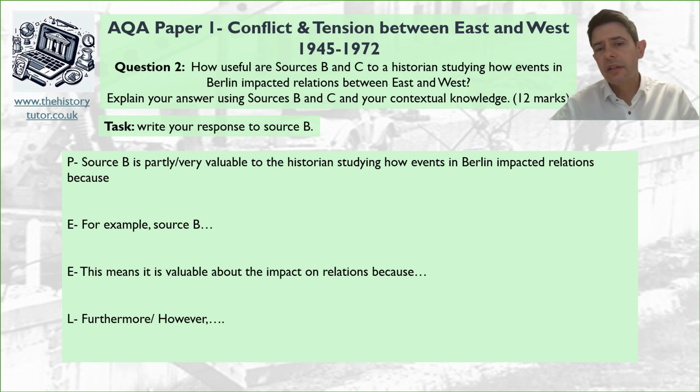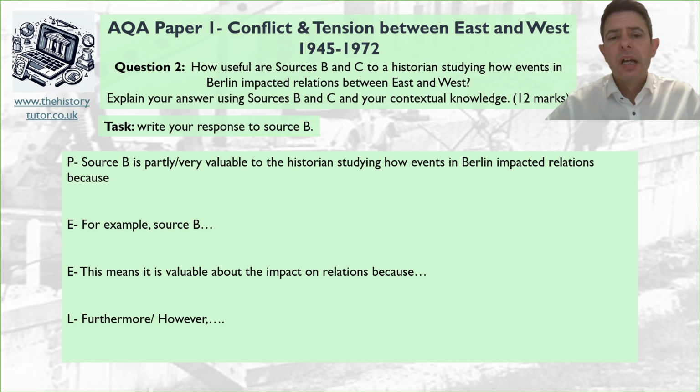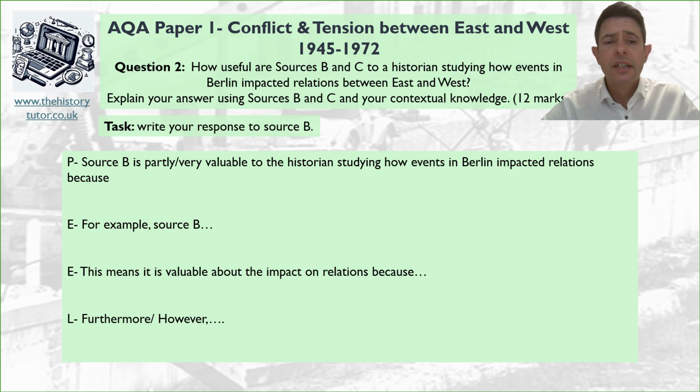Okay, so how do we now turn this into an answer? Here is the writing frame we're going to follow. We need to think about the level of value the source has got. So source B is either partly valuable or very valuable to the historian studying the events in Berlin impacting international relations and the Cold War relations between East and West. We need to give an opinion first of all about how valuable it is.